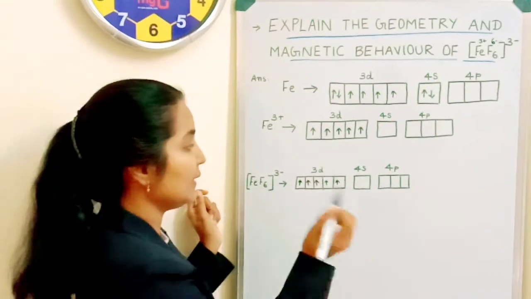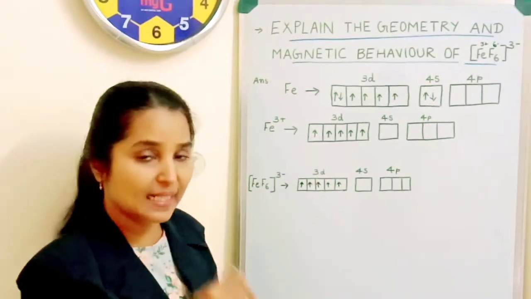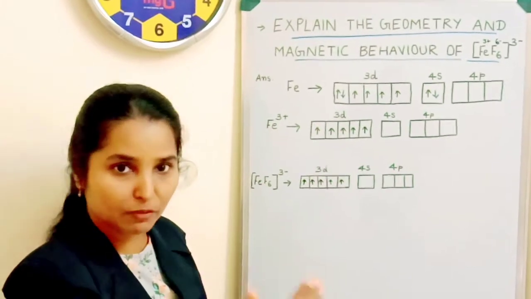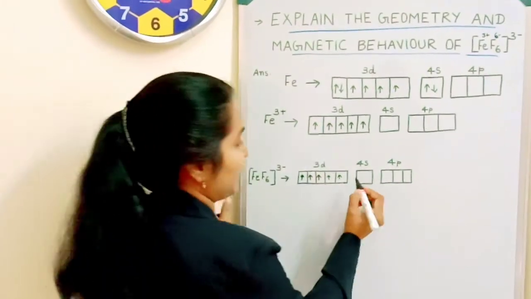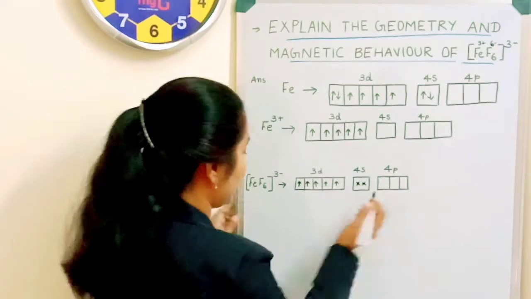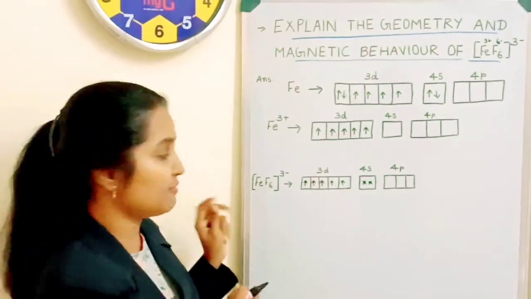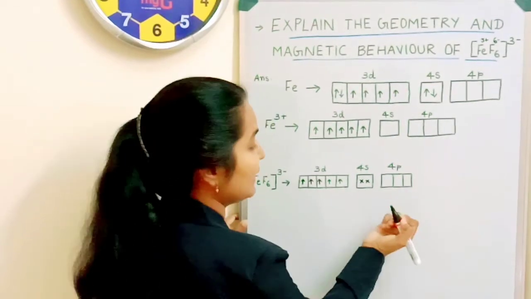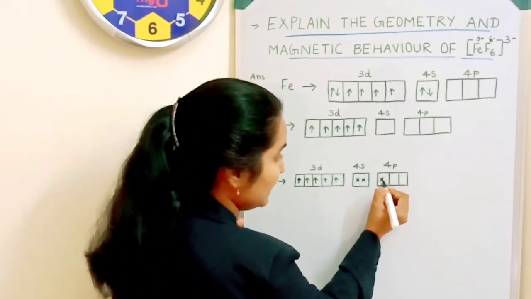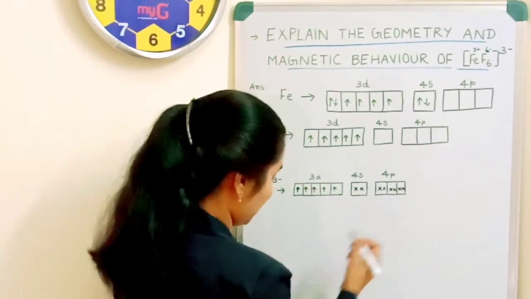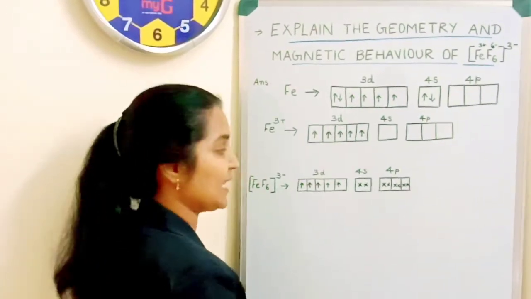So we can see the coming ligands. Each F- ligand will donate one pair of electrons. There are 6 F- ligands. So one will give one pair of electrons, and then the next one, 3, 4, this is the 4th pair. Still 2 more pairs are there.